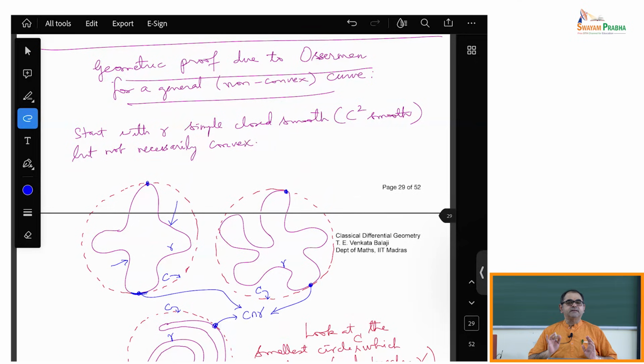Then there are a couple of facts. The first thing is that this smallest circle which contains gamma has to meet gamma, and the points of intersection cannot all lie in an open semicircle.